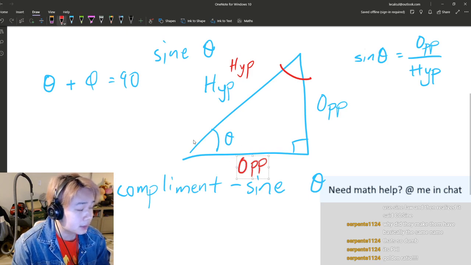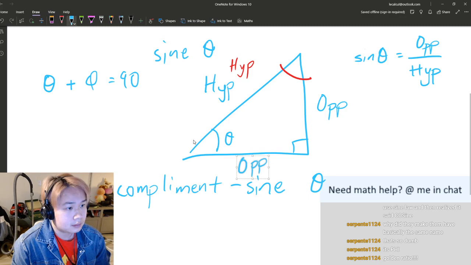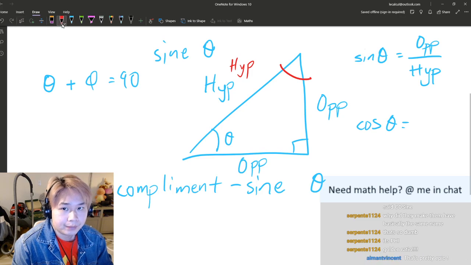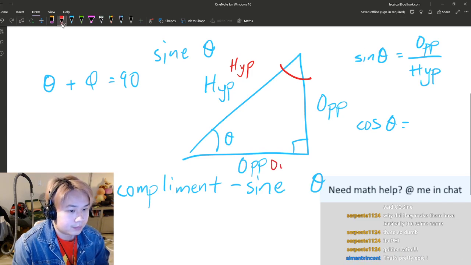But that's why it's called cosine. A little history for y'all. So cosine theta is actually this bottom side over this.